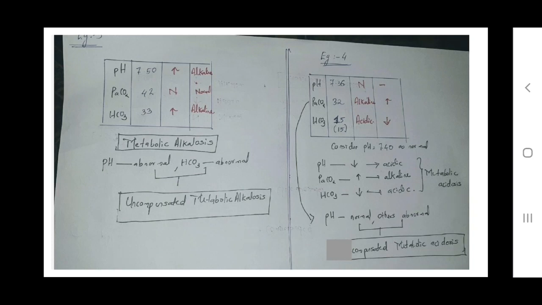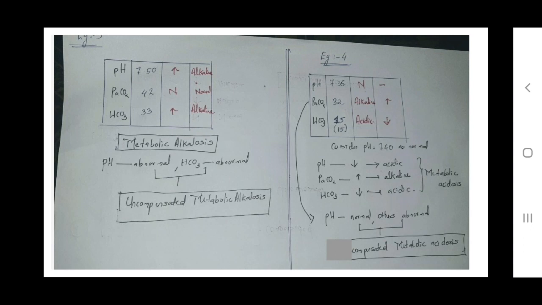If they are abnormal, then it is uncompensated. But in example number 4, pH is normal, either HCO3 or PCO2 or both are abnormal, then it is compensated. And which state was it? It is a metabolic acidosis. So the final interpretation of this ABG reading is compensated metabolic acidosis.